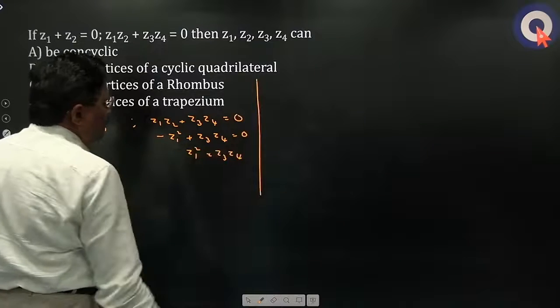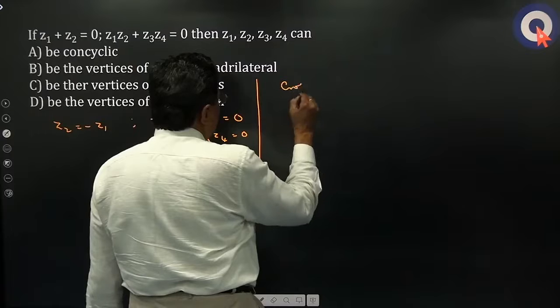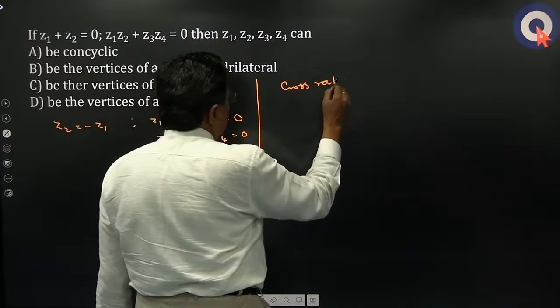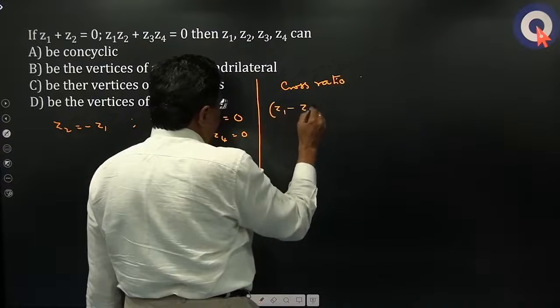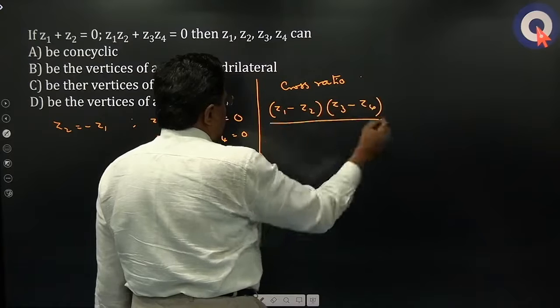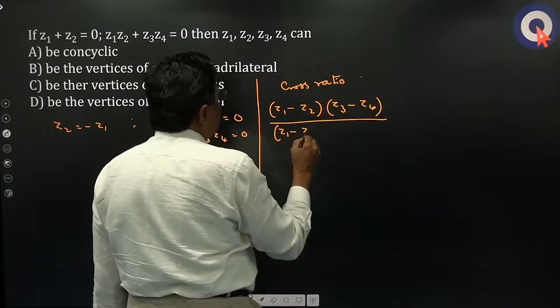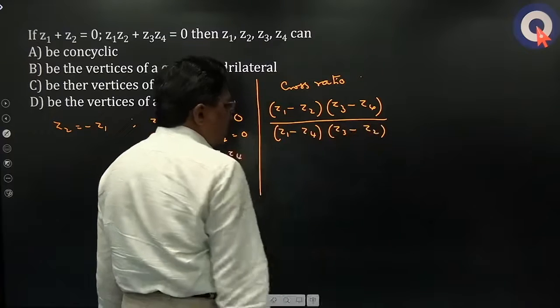Now let us consider a cross ratio. I am considering the cross ratio z1 minus z2 into z3 minus z4 by z1 minus z4 into z3 minus z2. Any cross ratio you can consider.